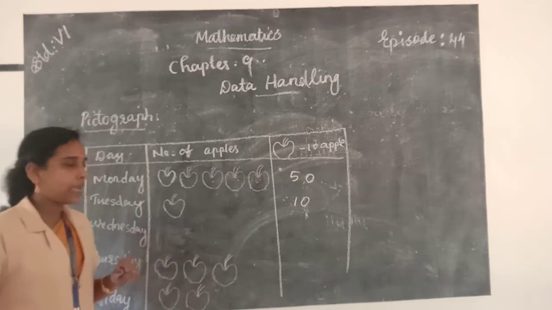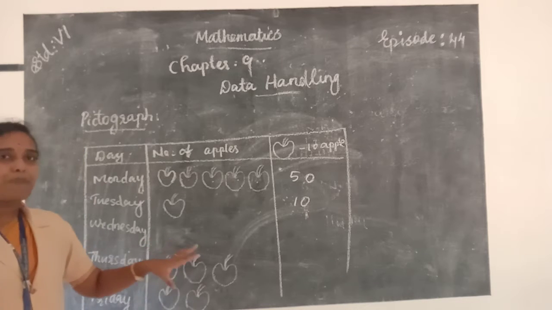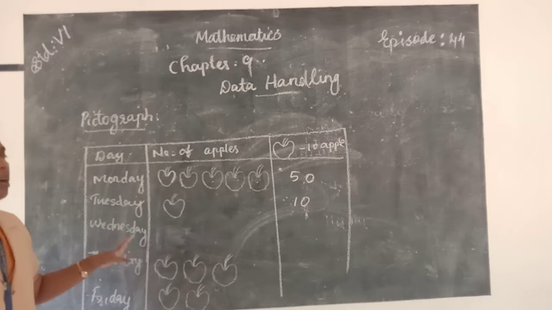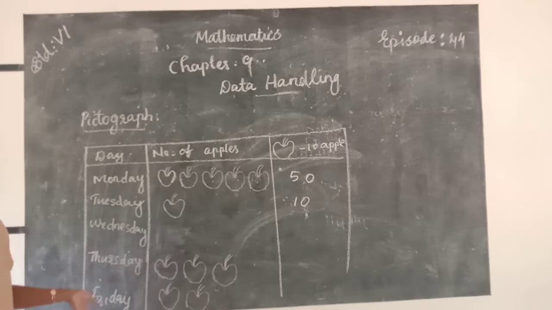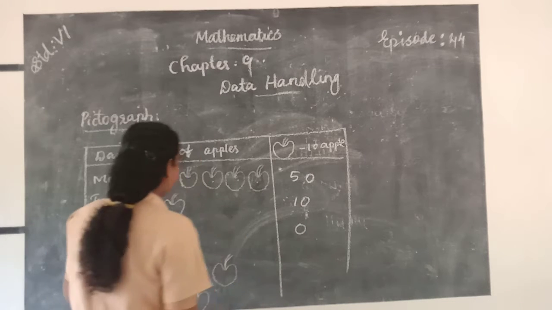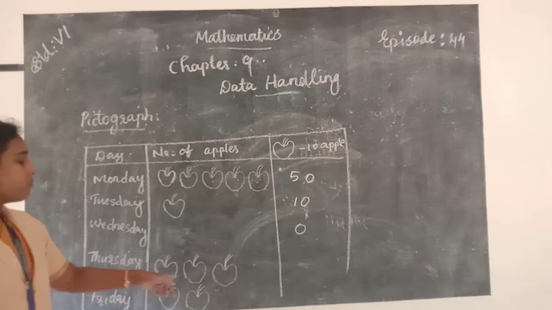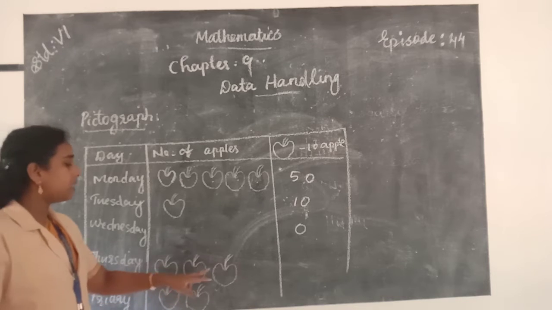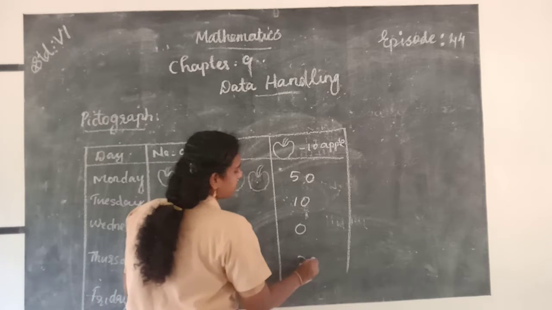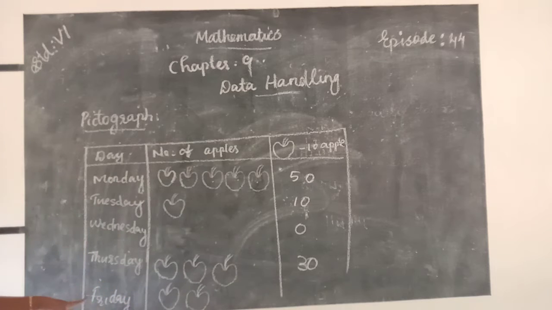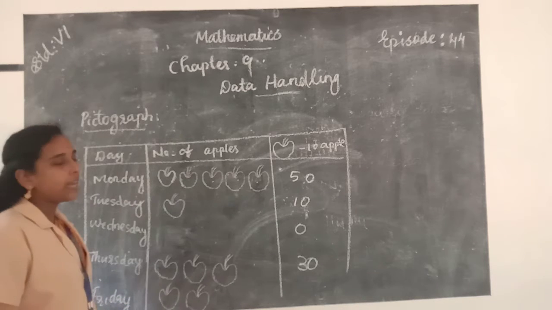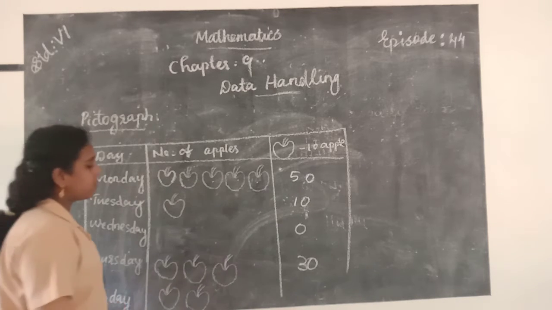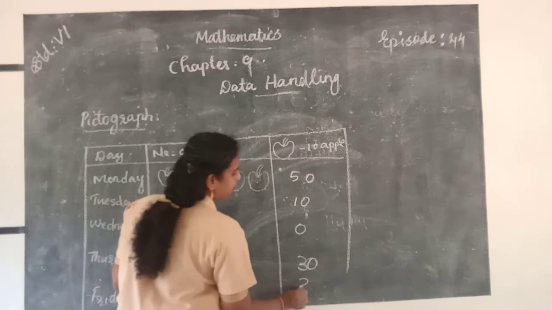On Wednesday no pictures were given, so no apples were sold, 0. On Thursday, 3 pictures were given: 10, 20, 30, so 30 apples were sold. On Friday 2 figures were given, 10, 20, so 20 apples were sold.